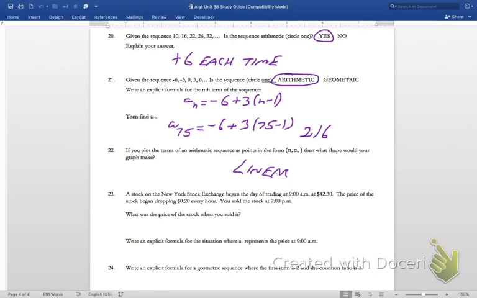Well, if you take 20 cents off at 10, 11, 12, 1, and 2, it's going to drop $1. So you're going to sell it for $41.30. The formula for this explicitly is a sub n is equal to $42.30. Common difference, we're dropping 20 cents an hour times n minus 1.